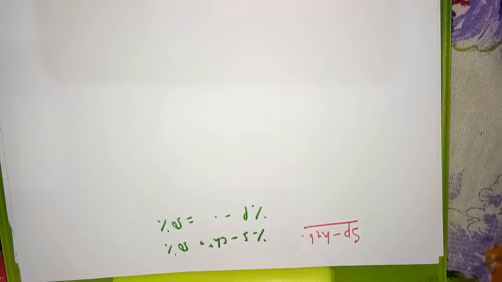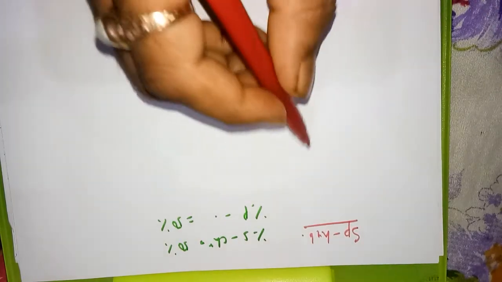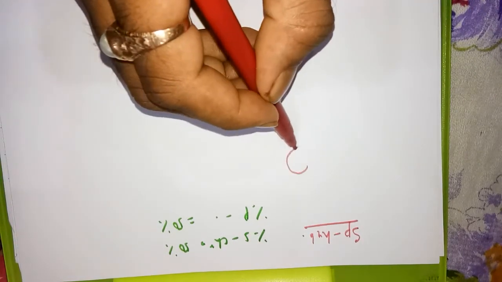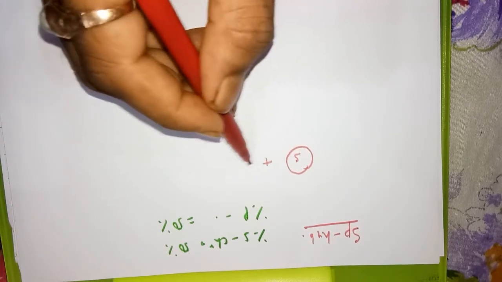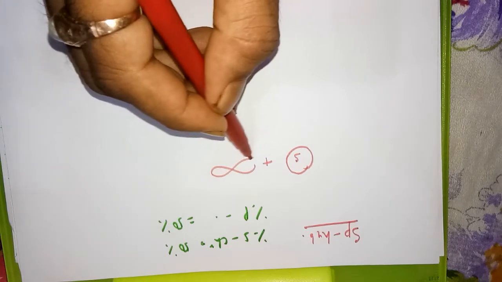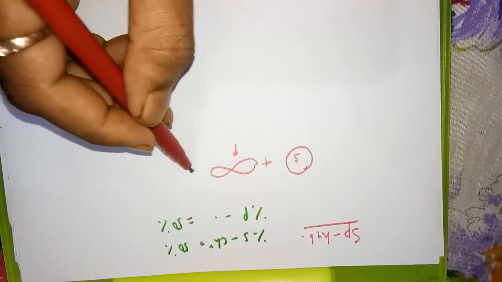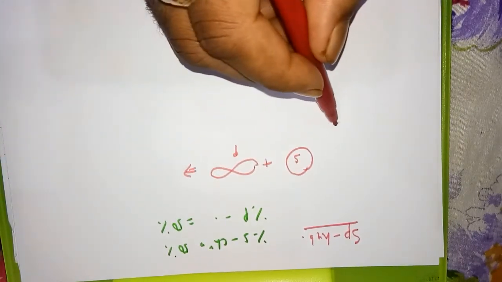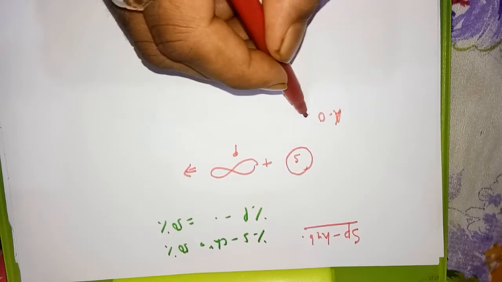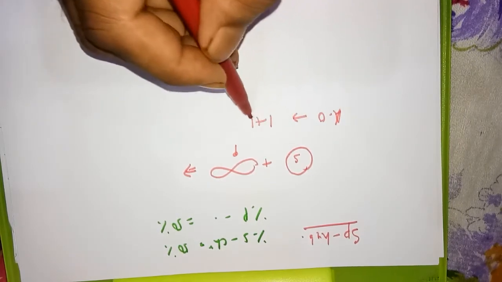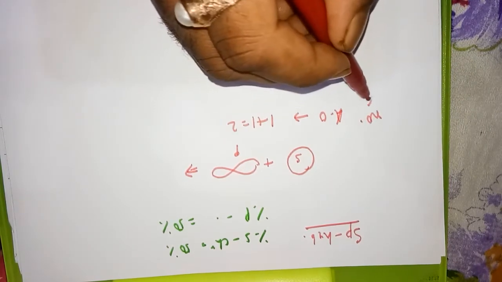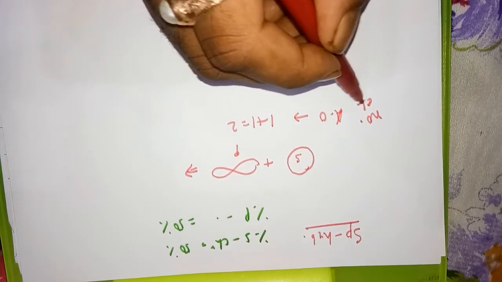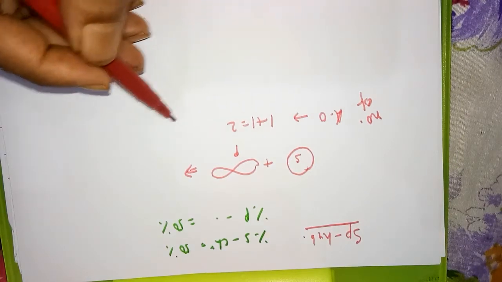Now in sp hybridization, if we have an s orbital like that, one p orbital will be like that. This is sp hybridization. So the number of atomic orbitals is 1 plus 1 equal to 2.